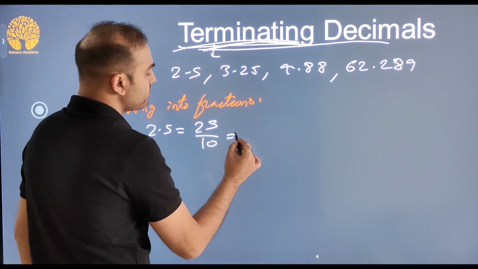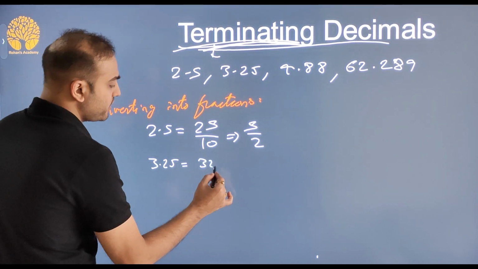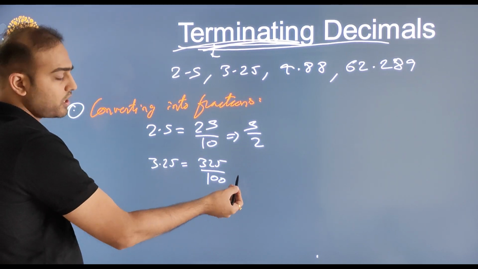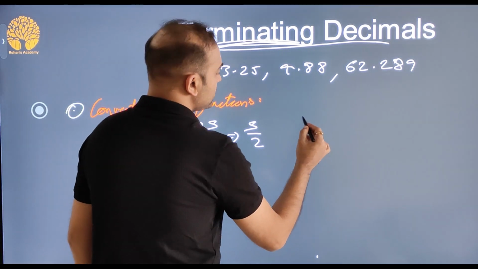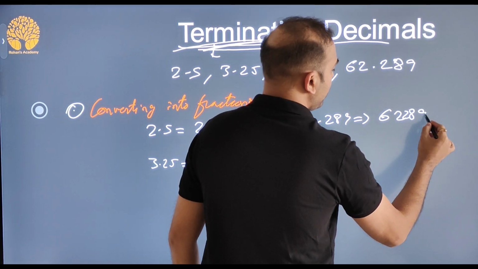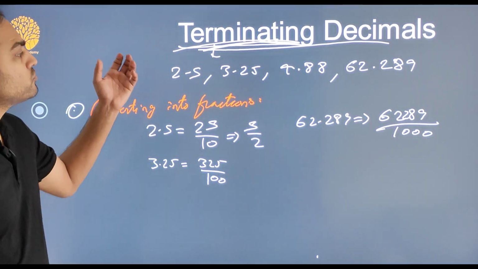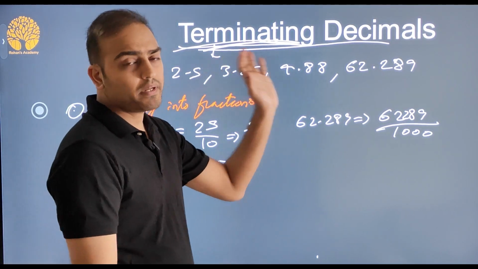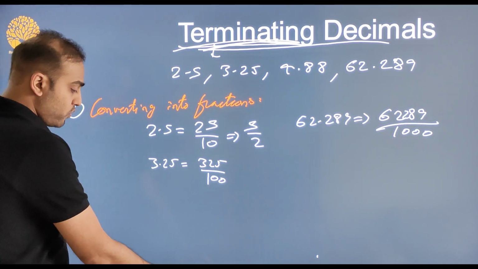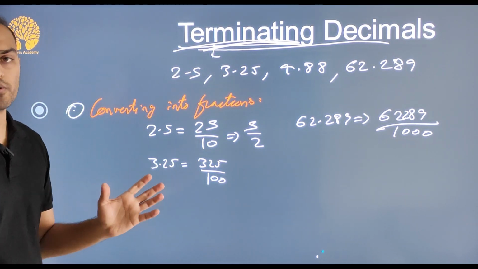You can simplify it further, 5 over 2, right? 3.25 is 325 over 100, because there are two decimals, so 100. 62.289 is 62289 by 1000. 3 decimals, so 1000. So a very simple way of converting terminating decimals to fractions is simply remove the decimal, divide by that many tenths.